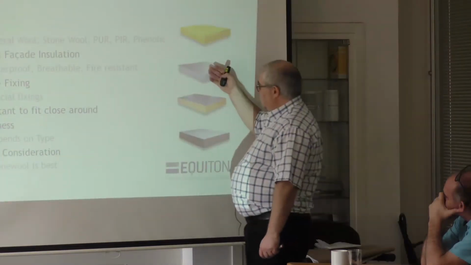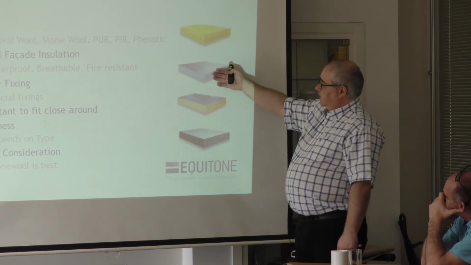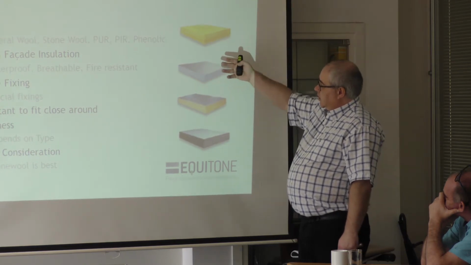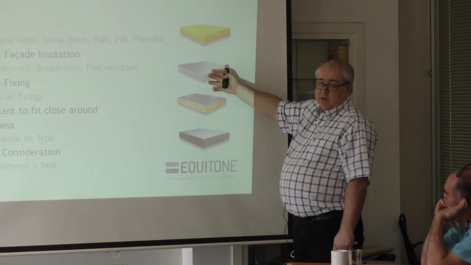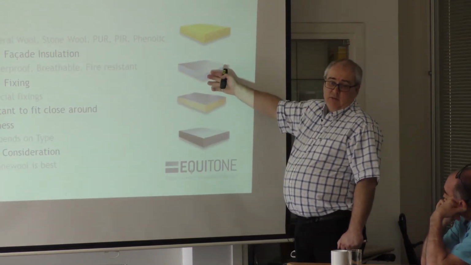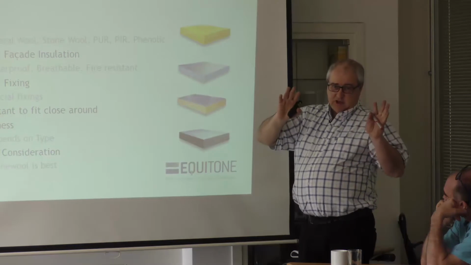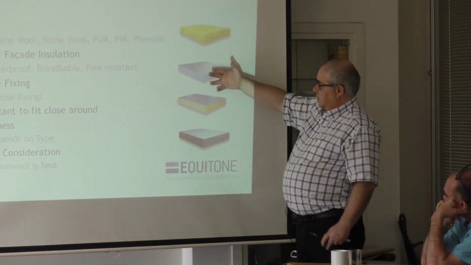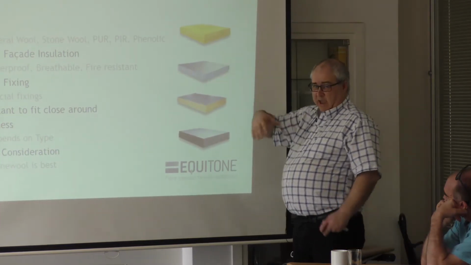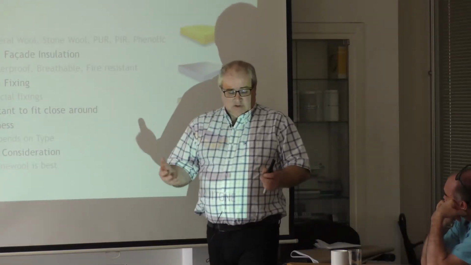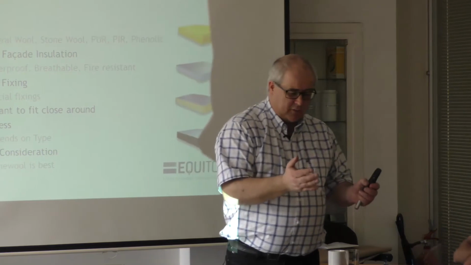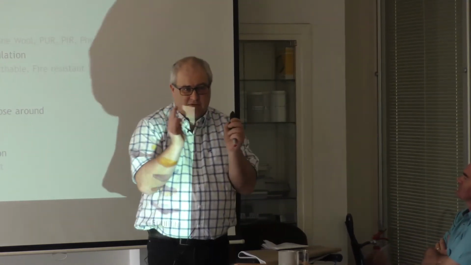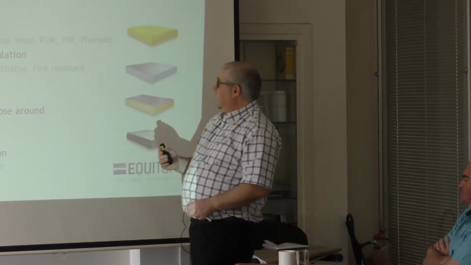And also, the big difference is you need, I think, 100 millimeters of this and only 60 millimeters of this to give you the same R value. I might be a little bit wrong in the measurements, but the point is you don't need as much thickness of this. So where the size of cavities becomes an issue, you may be forced down the route of the more rigid insulations because you don't have enough space for the insulation. Okay?